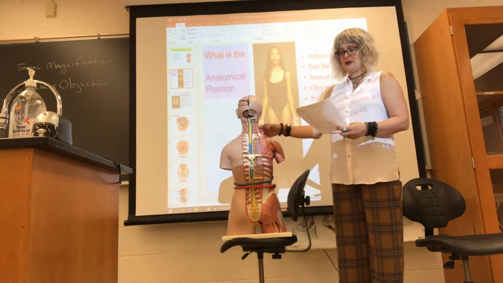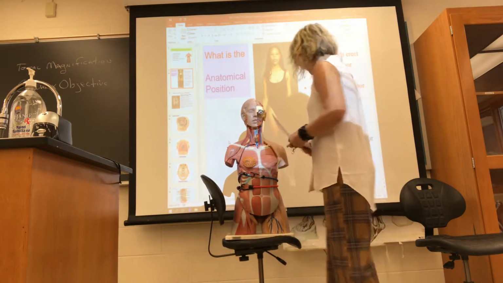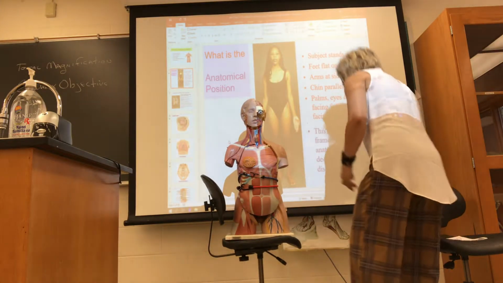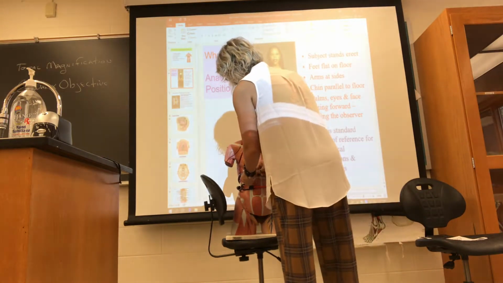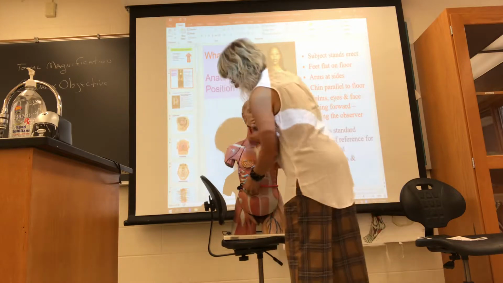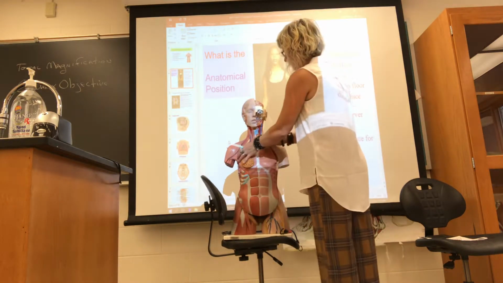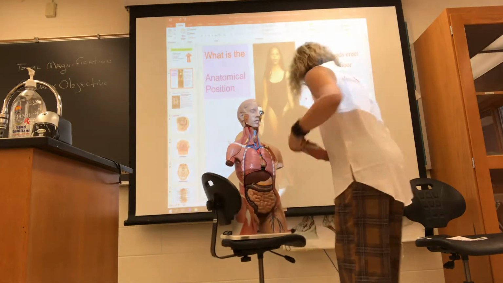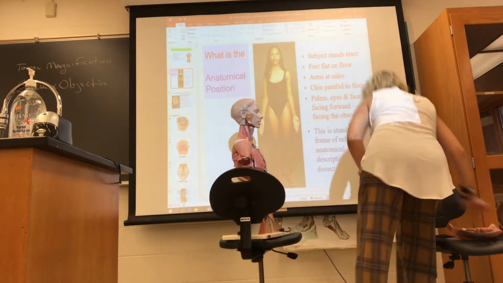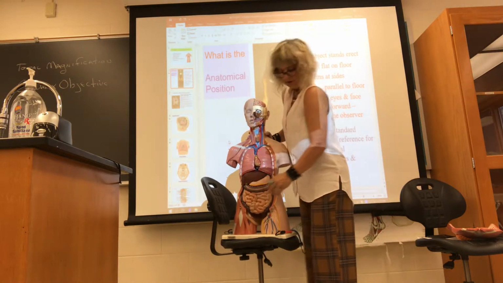All right, now let's talk about the ventral body cavity. The ventral body cavity, if you look at this torso and we remove this, let me show you. Put him temporarily over here. If we remove the torso, here we go. This is the ventral body cavity.